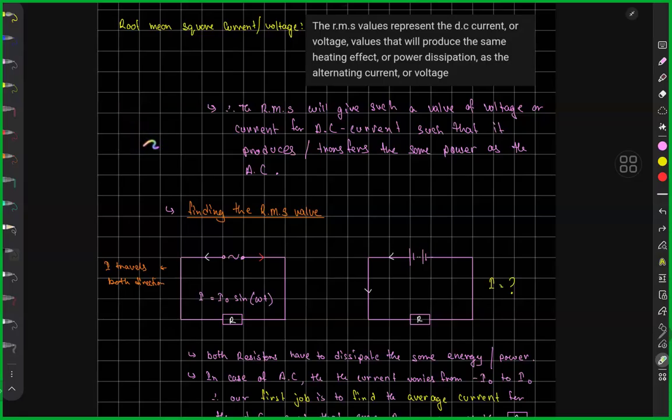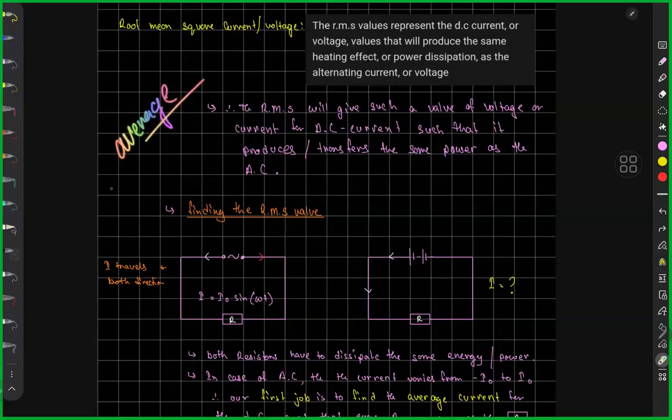You find the root mean square value and work with that. So the idea is the current varies with respect to time, but overall I can take a certain average to say that the power dissipation can be calculated with respect to this average current.